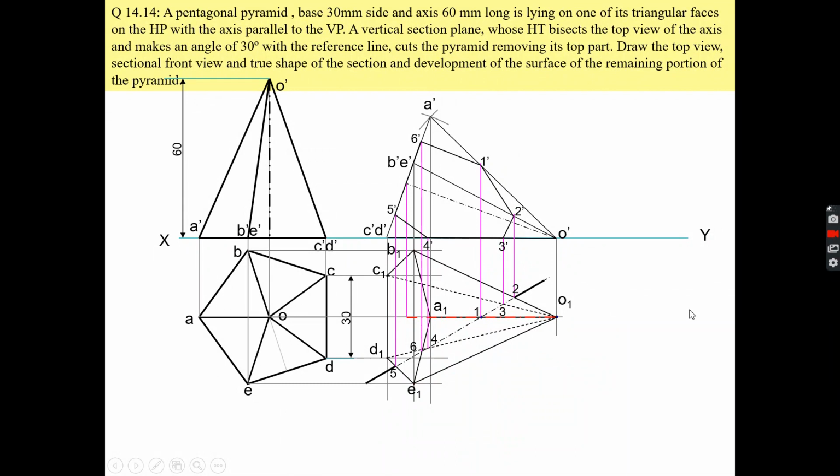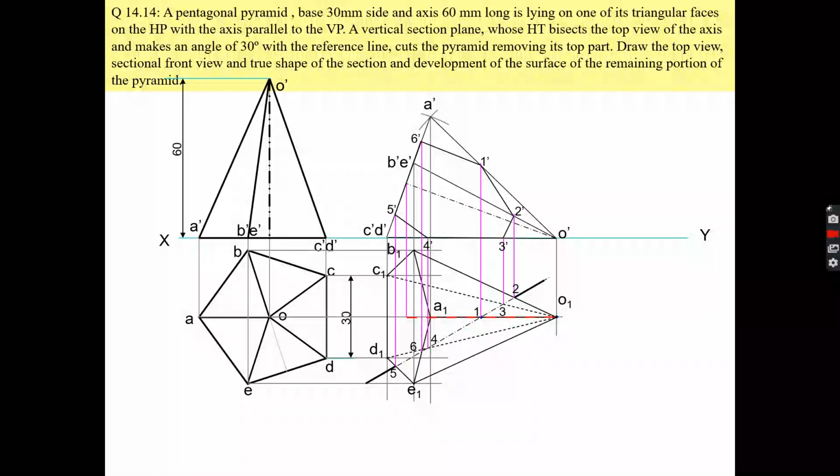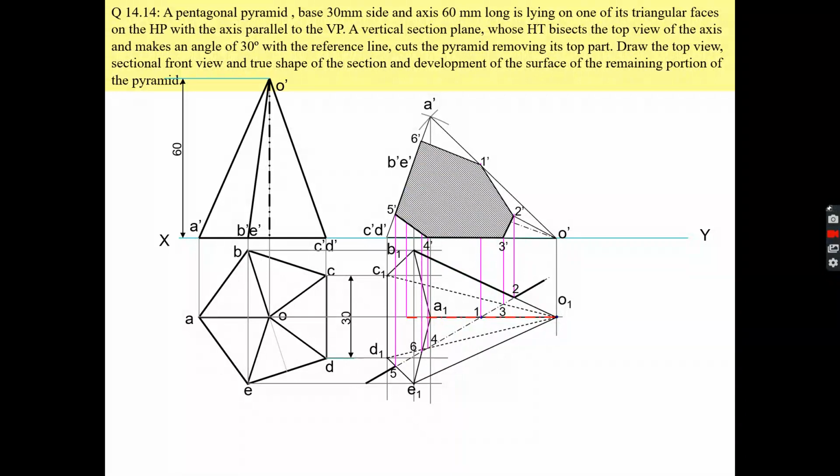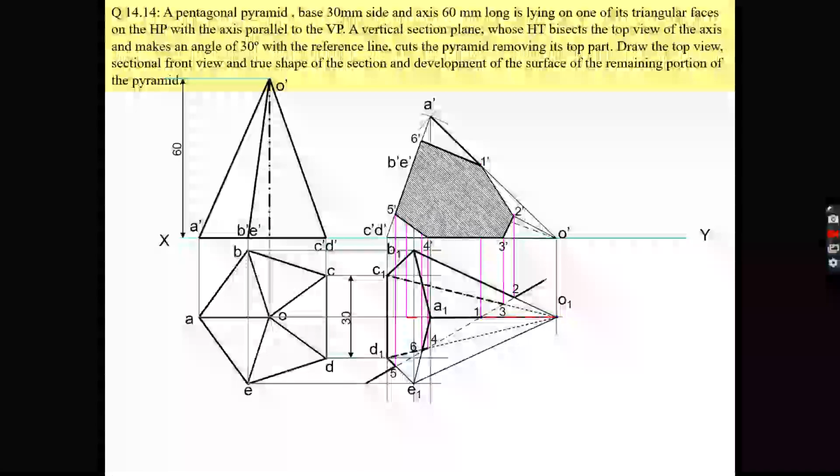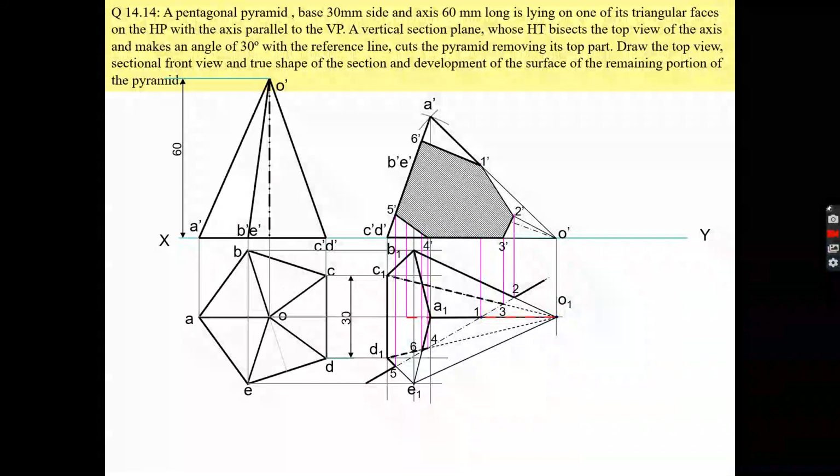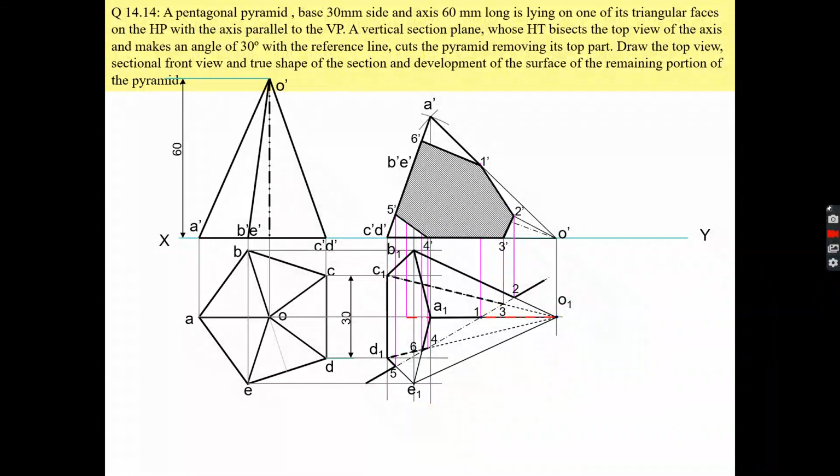Now remaining after cutting the solid, remaining portion you have to draw with the help of HB pencil, right? So you can mark all the points which are remaining after the cutting with the help of HB pencil like this. So your front view and top view is completed.